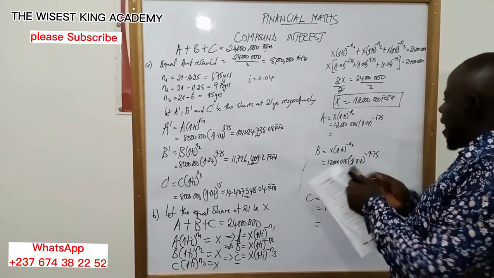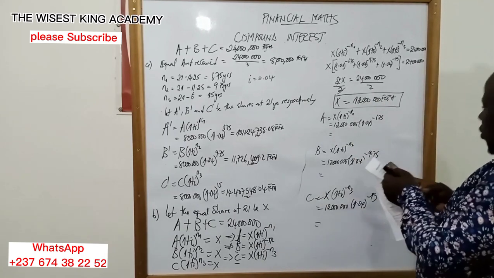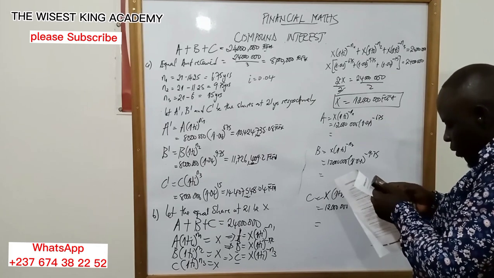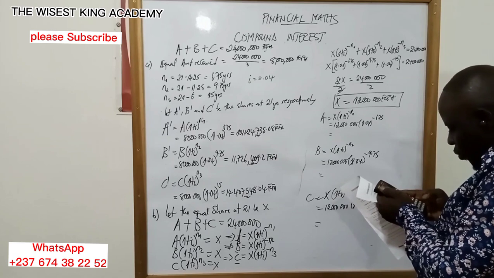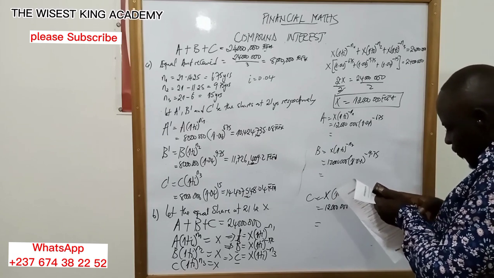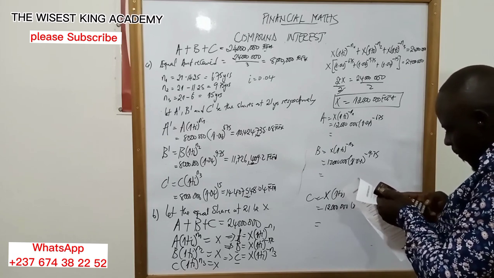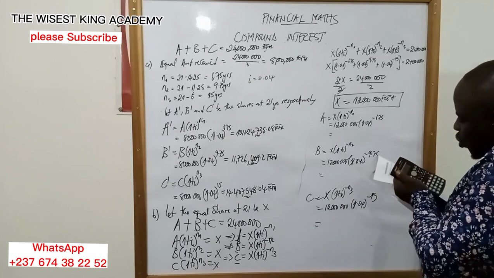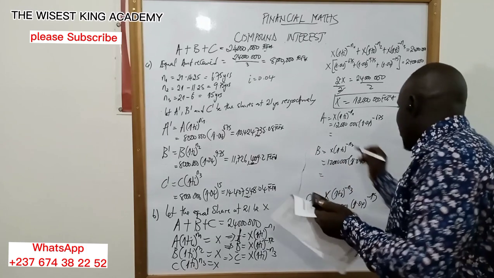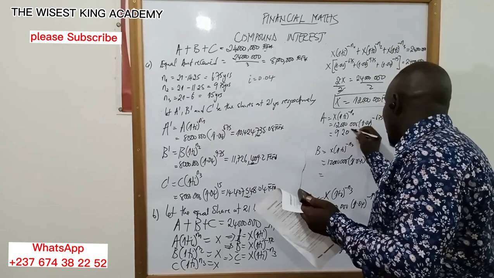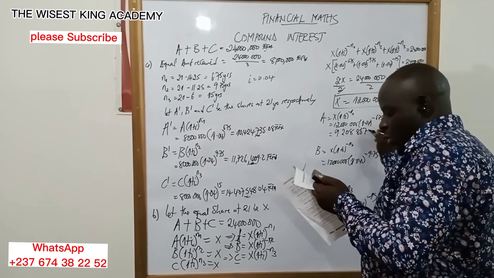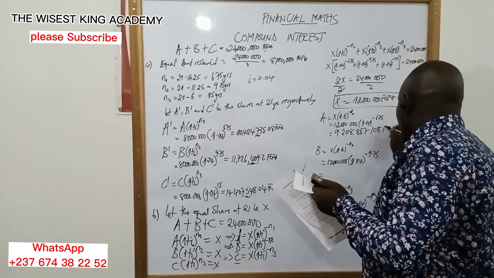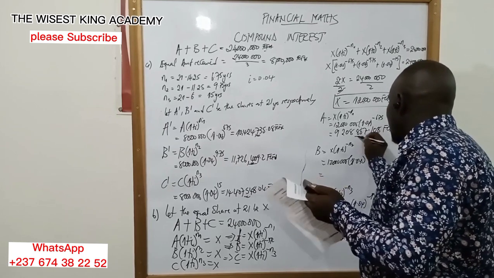Now let's calculate. So 1.04 raised to the power negative 6.75 times 12 million equals 9,208,867.108 francs CFA. That is what the first person will receive.